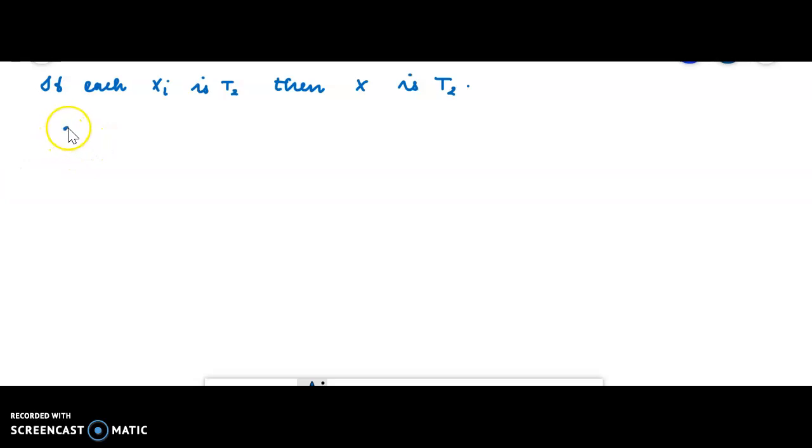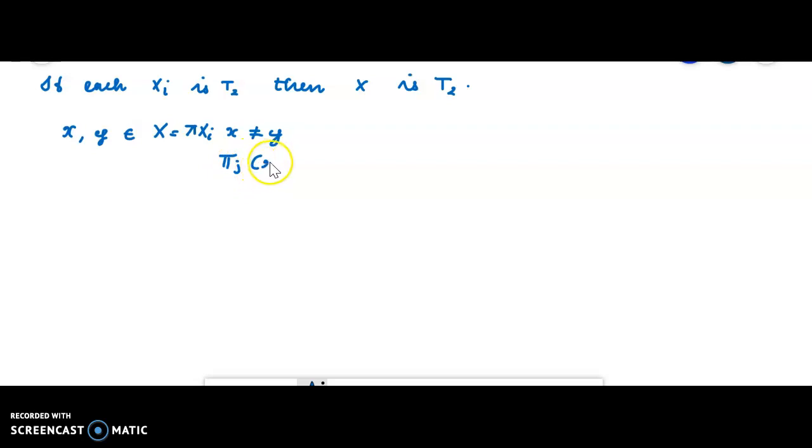So we take 2 points x, y from the product space capital X, x, y element of capital X, 2 different points, x not equal to y. These are points of the product of Xi. X and y are not equal, so some of its coordinates are not equal. Not all, but some. At least one coordinate is not equal.